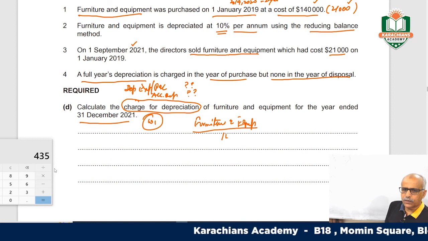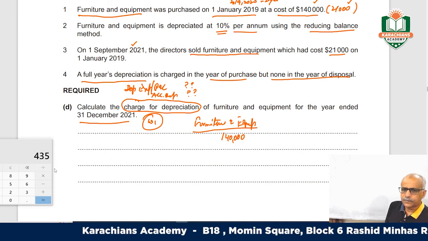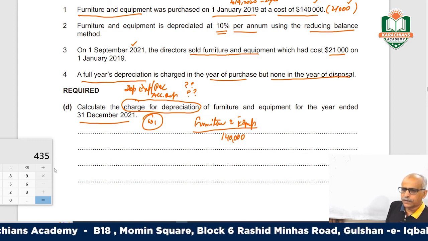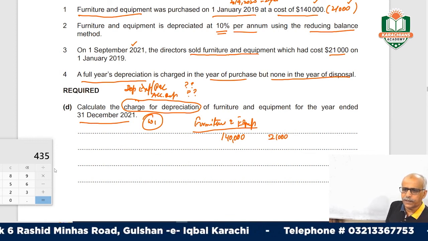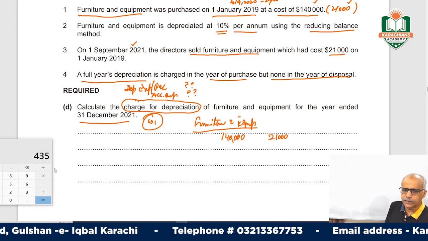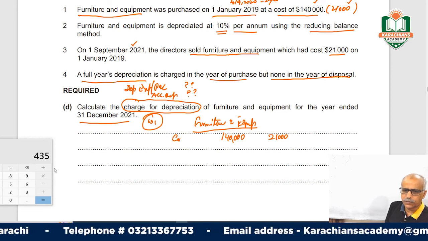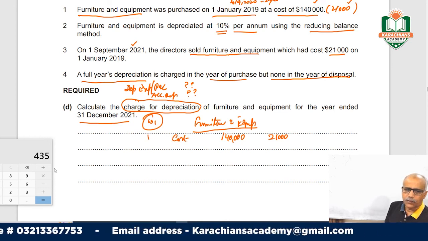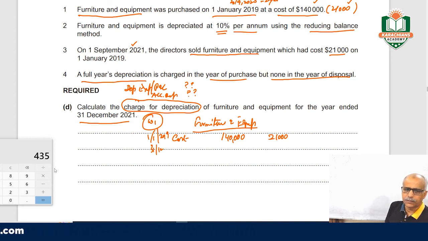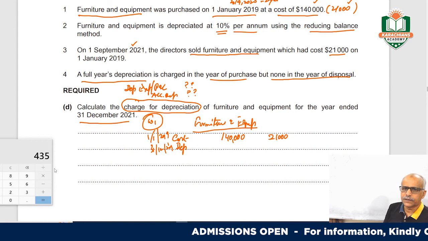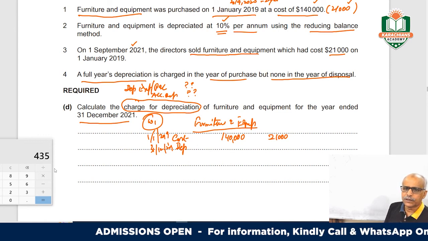You bought 140,000, and this also includes the 21,000, which we will consider separately. This is the original cost on 1st of January 2019. When 31st of December 2019 comes, you will charge depreciation, and depreciation is 10% using reducing balance.